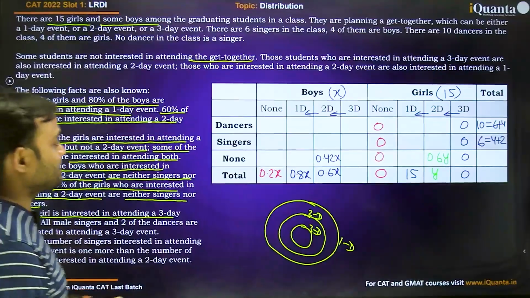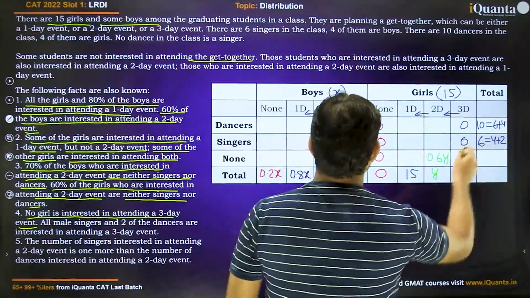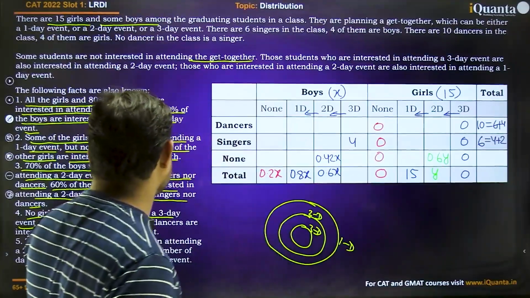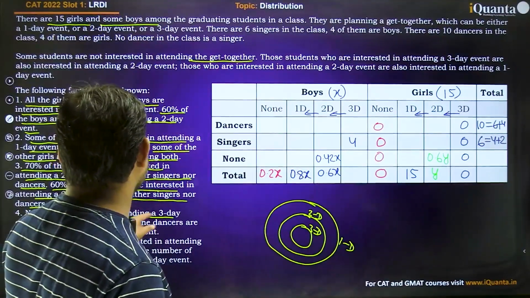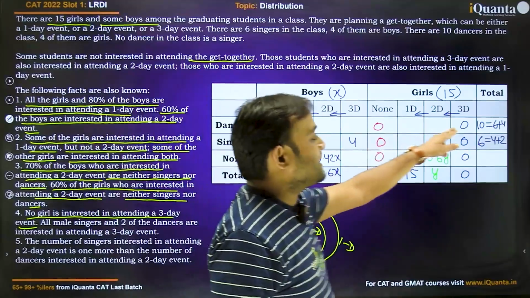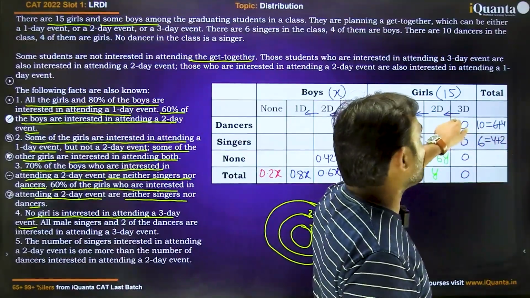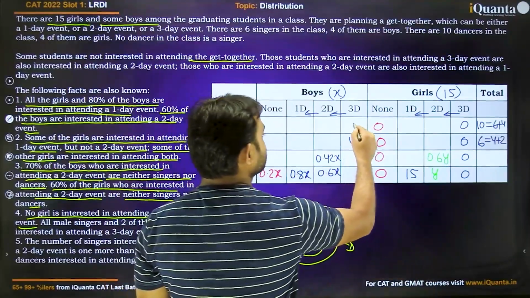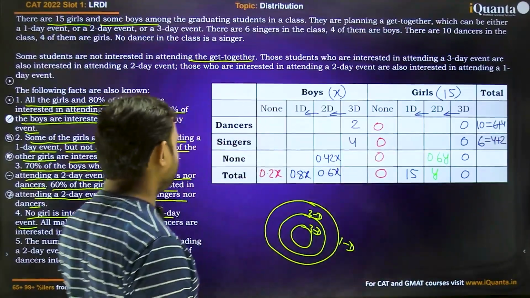So all male singers are 4, so this value must be 4. And 2 of the dancers are interested in attending a 3-day event. All the female dancers, we already know they are not interested in attending a 3-day event, so those 2 dancers must be male. This is 2.